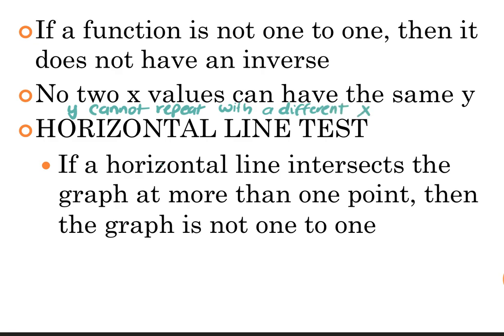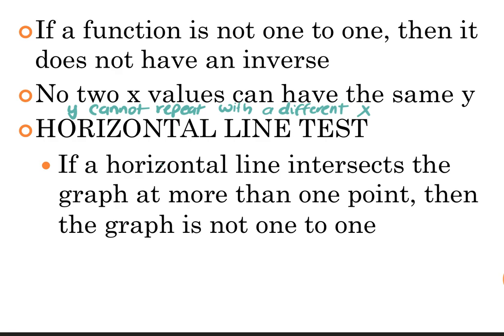Which means in order for it to be a function that is also one-to-one, the x can't repeat with a different y, and the y can't repeat with a different x, meaning it has to literally be one-to-one. For every one x, there can only be one y, and for every one y, there can only be one x.